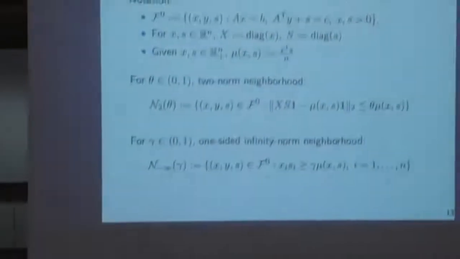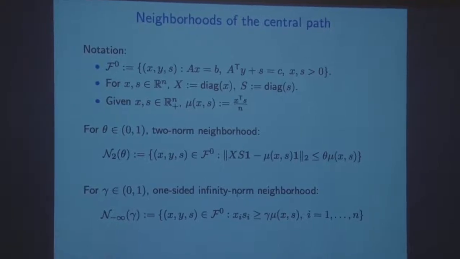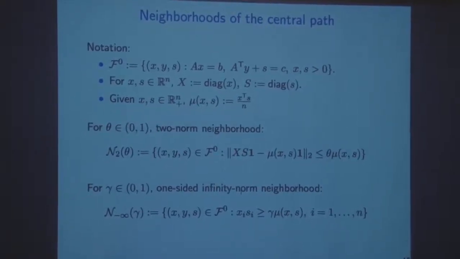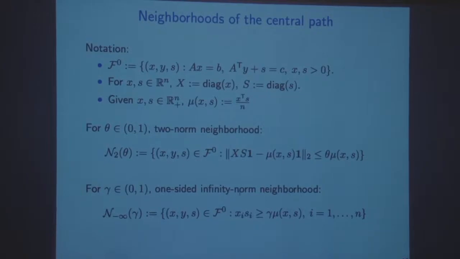N infinity, or more precisely, N minus infinity, is the neighborhood that I described below. It's very similar. If you think in terms of this picture, instead of forcing to be in a small cone around this ray, I am allowing myself to get much closer to the edges, depending on how small gamma is. So if gamma is a tiny number, then N minus infinity would cover most of this space. Let me draw this in a different picture.